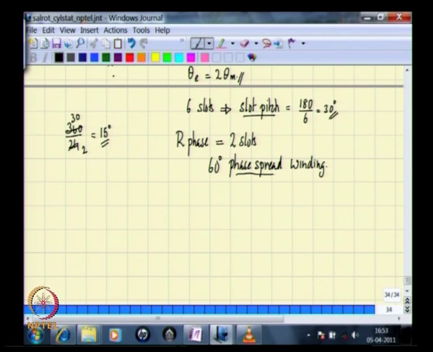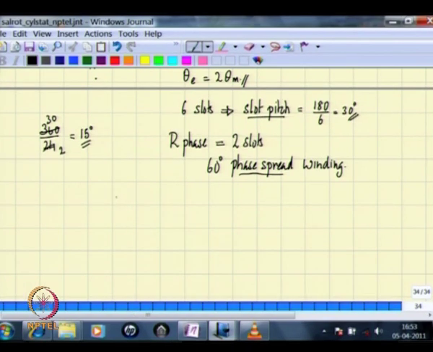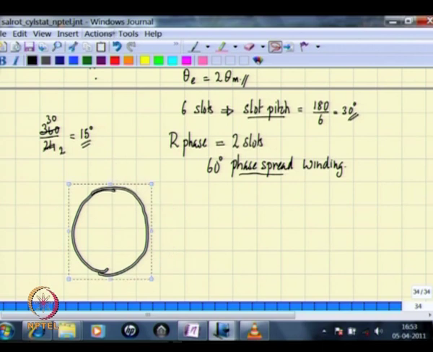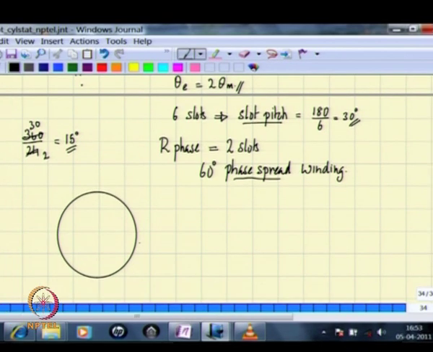Therefore, what we have found so far is that if you take a particular cylindrical stator, let us make this a little more circular. So, if you take a cylindrical stator, you are now going to have the R phase distributed over a certain angle corresponding to the phase spread.